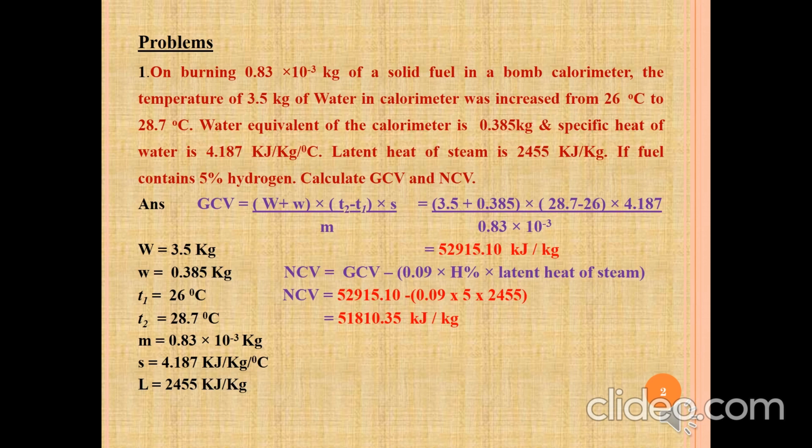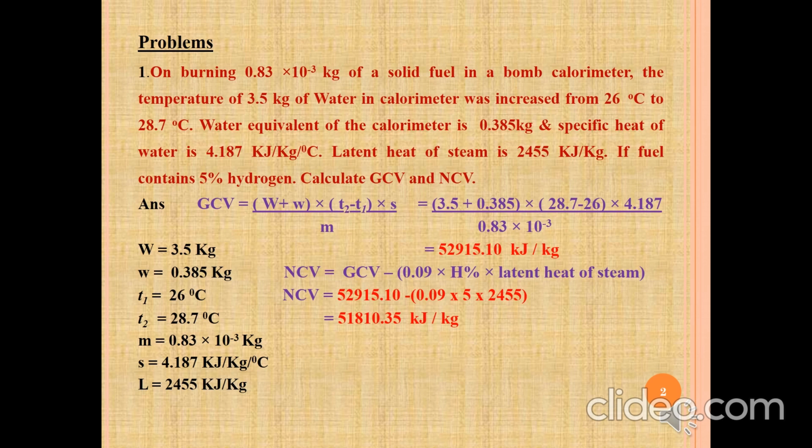On burning 0.83 into 10 to the power minus 3 kg of a solid fuel in a bomb calorimeter, the temperature of 3.5 kg of water in calorimeter was increased from 26 degrees Celsius to 28.7 degrees Celsius. Water equivalent of calorimeter is 0.385 kg and specific heat of water is 4.187 kilojoules per kg per degree Celsius.